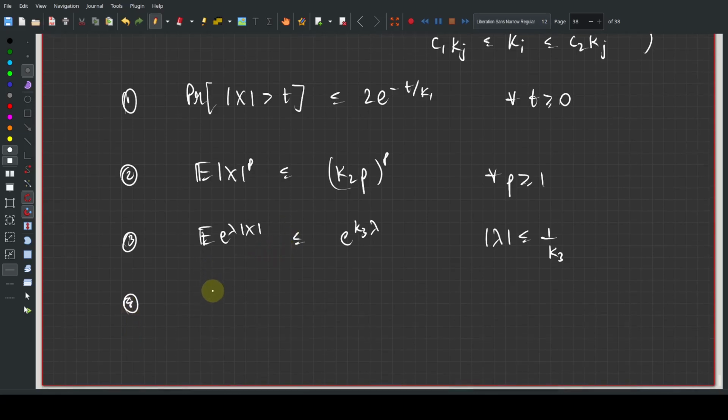Okay, and there is some constant K4 such that the expectation of e to the absolute value of X divided by K4 is less than or equal to 2.